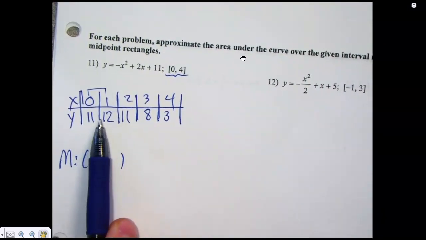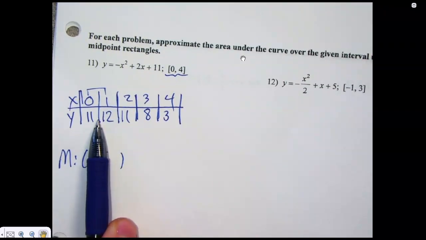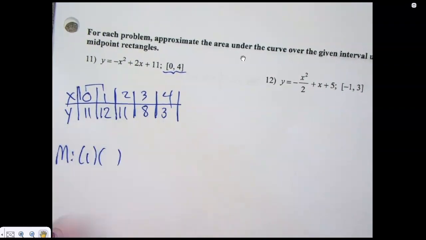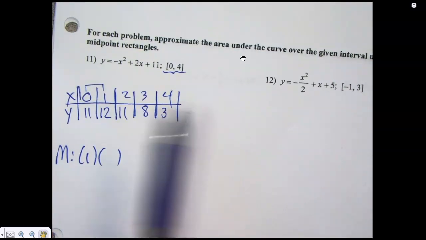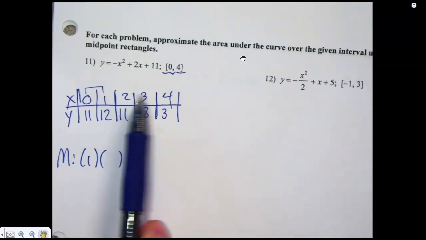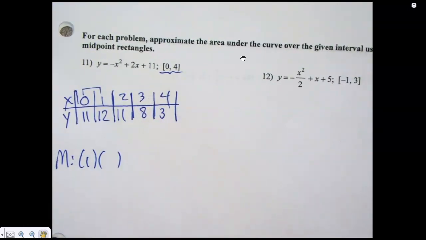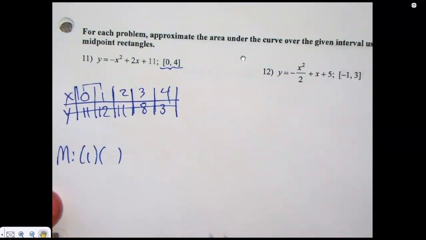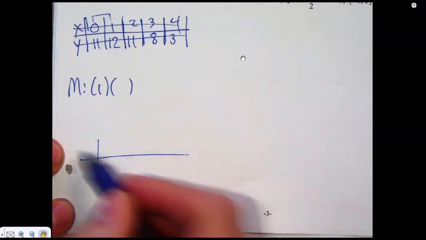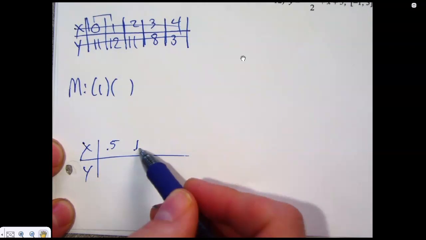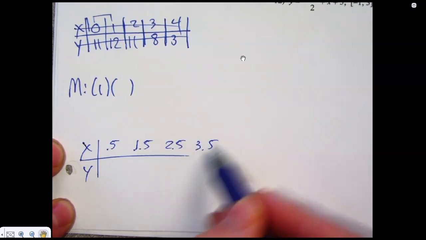You can't just look at this and say the y value at the midpoint is 11.5. It might be in this case, it might not, but it's not just going to be the average all the time. So you actually have to plug in. That's why this table is annoying for a midpoint. I really need 0, 1, 2, 3, and 4, but what I really need to know for midpoint is 0.5, 1.5, 2.5, and 3.5. Does that make sense? So you're grabbing the y value of the midpoint of each interval. So these actually become kind of irrelevant, and what you really want is 0.5, 1.5, 2.5, and 3.5.